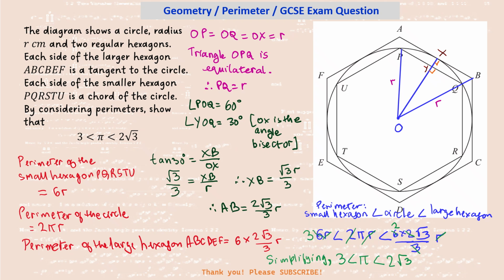That's what I did on the next slide. So we simplify it to get 3 less than pi less than 2 root 3, which is in the format that we've been asked to show. So hence that's all done.